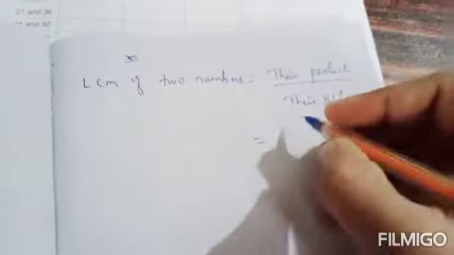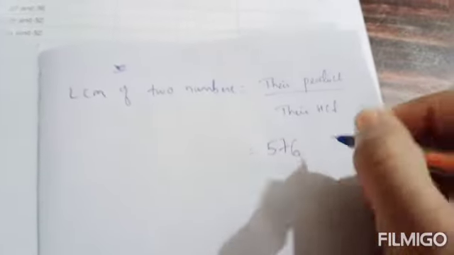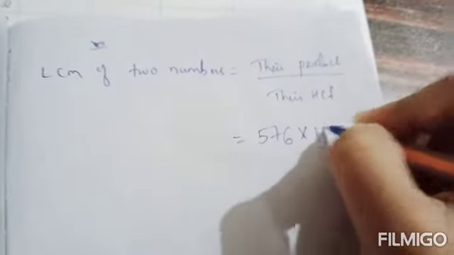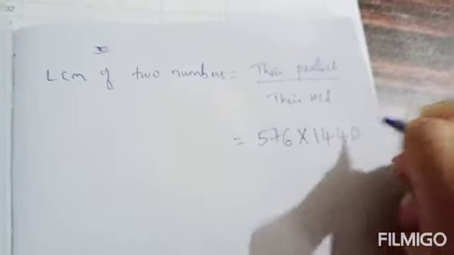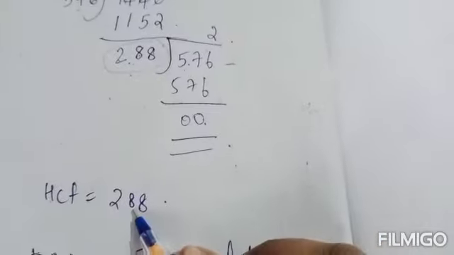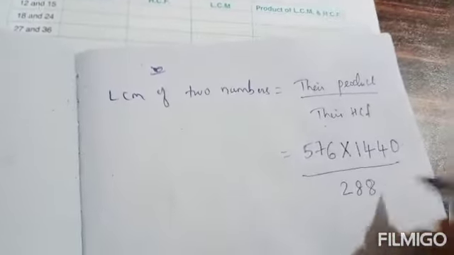So what will be the product of 576 and 1440? Just multiply 576 into 1440 divided by what you got there, HCF. HCF we got 288.